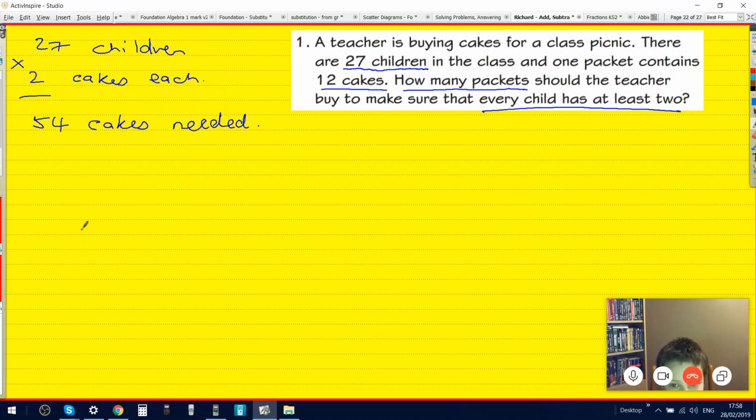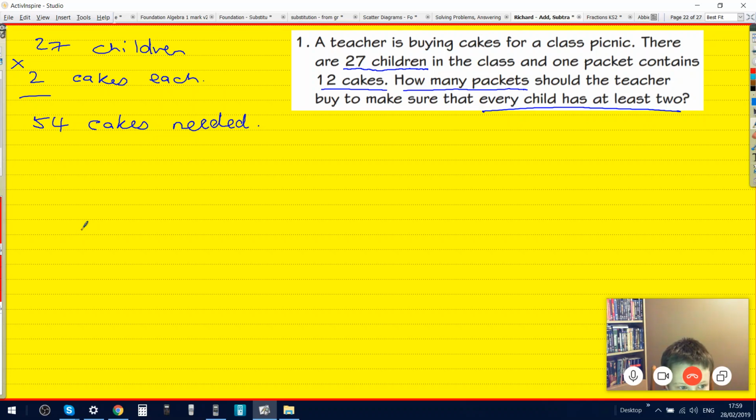So you need to do 54 minus 12. No, 54 plus 12.